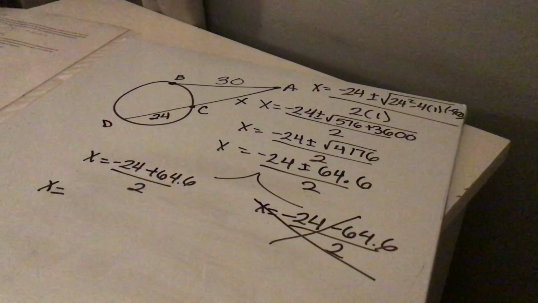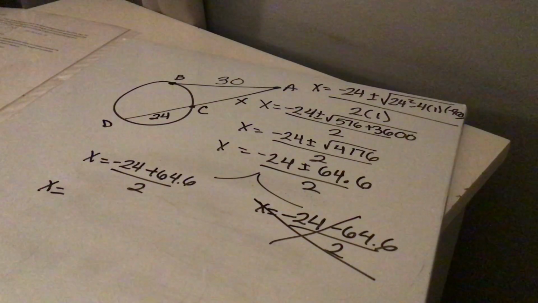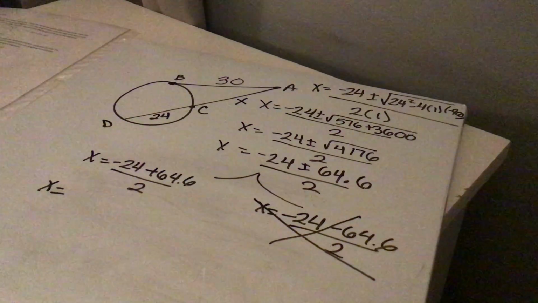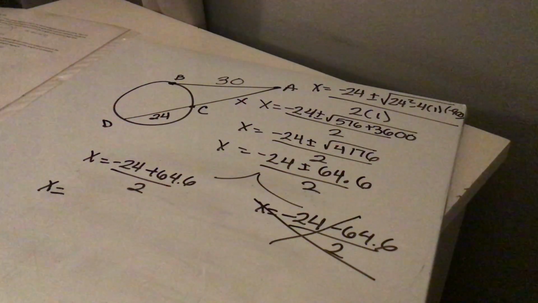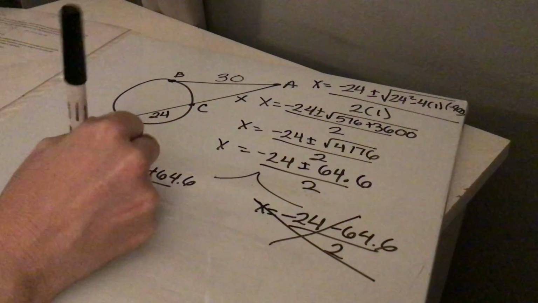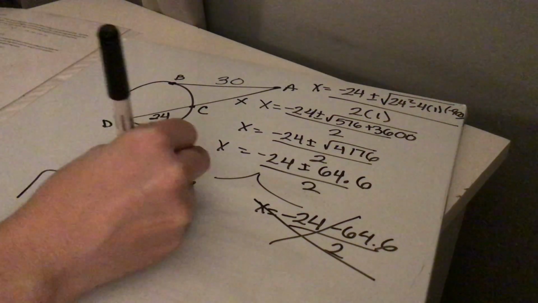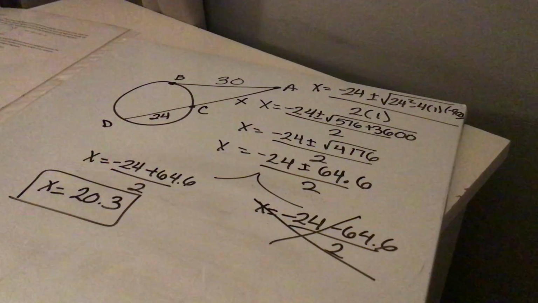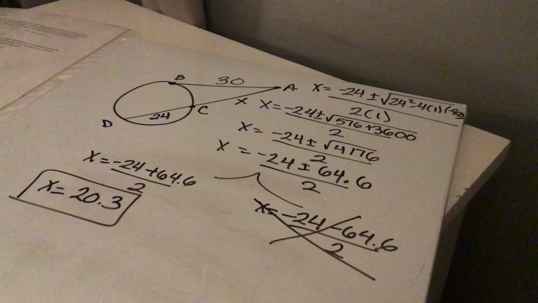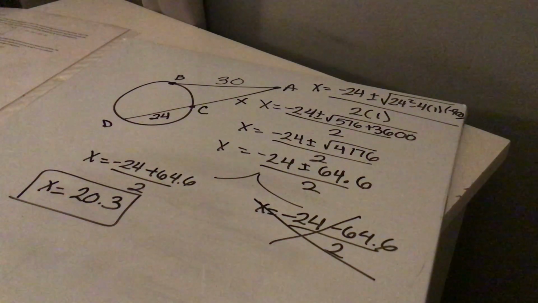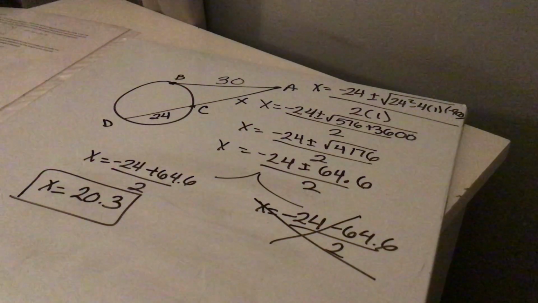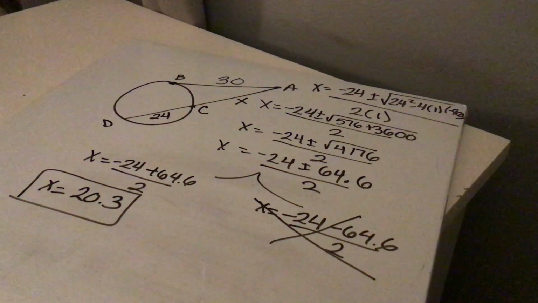So here, we're going to get negative 24 plus 64.6, and then divide by 2, we get 20.3 for your value for x, because it's a distance, so it can't be negative. And that is 10.5.